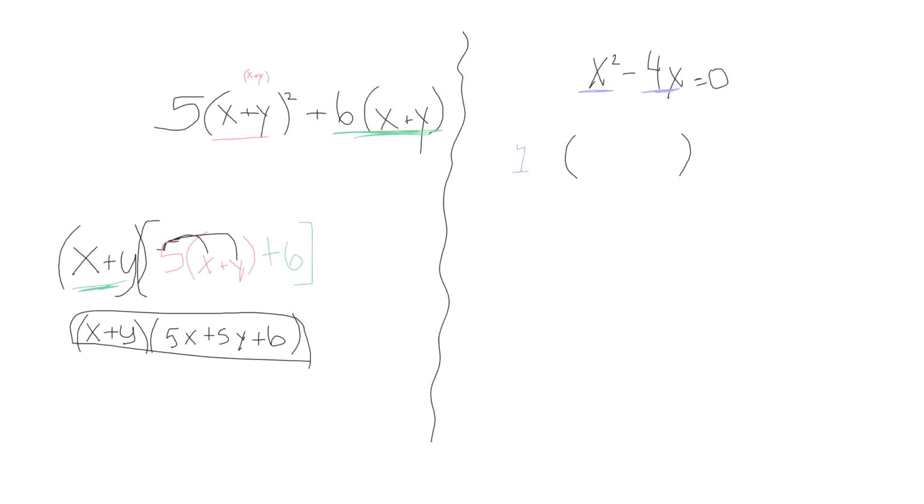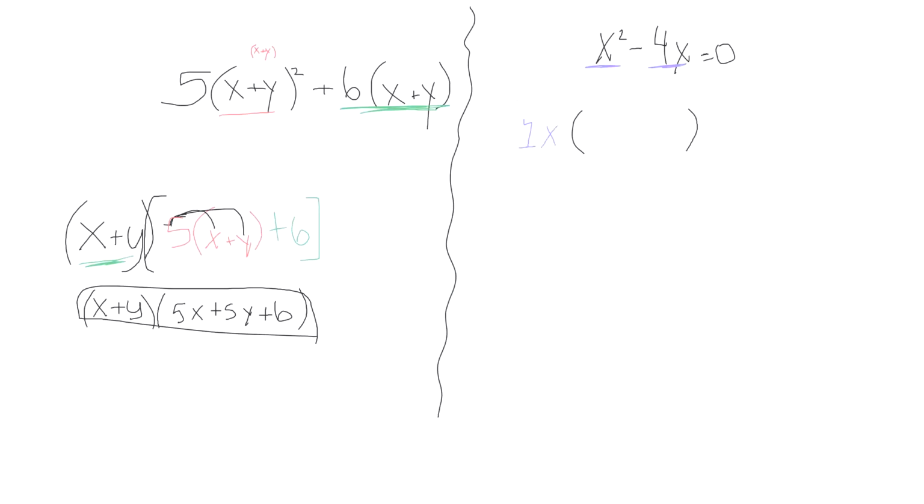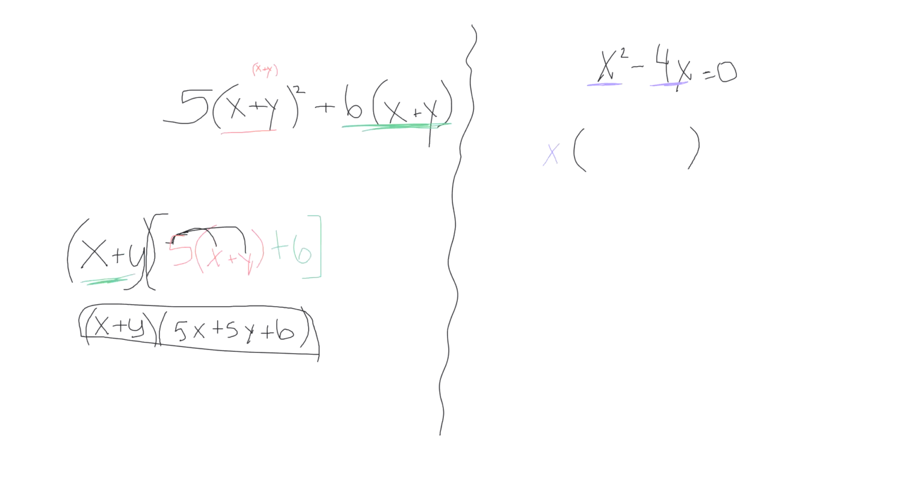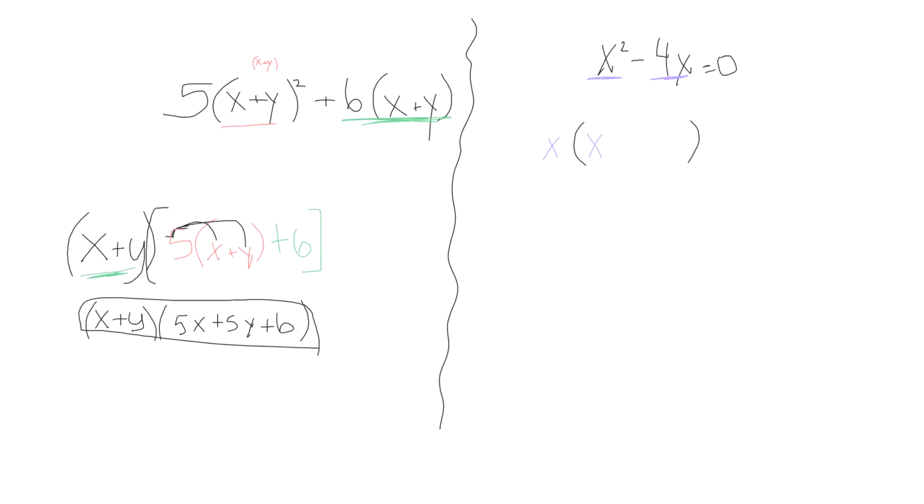One. Yep, just one x. So x divided into x squared leaves me with an x. X divided into 4x leaves me with the 4, minus 4.